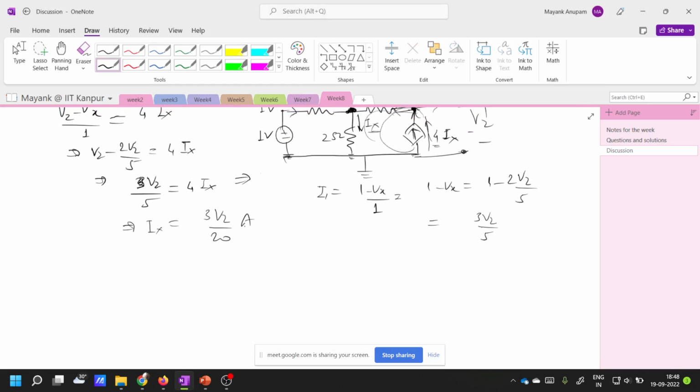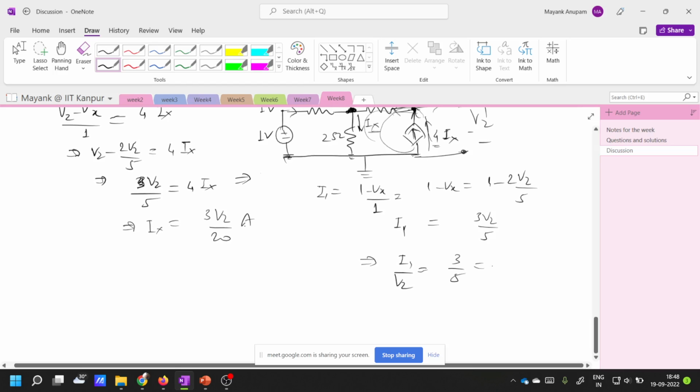So I1 by V2, from this what you get? You get 3 by 5, which is equal to 0.6, isn't it?